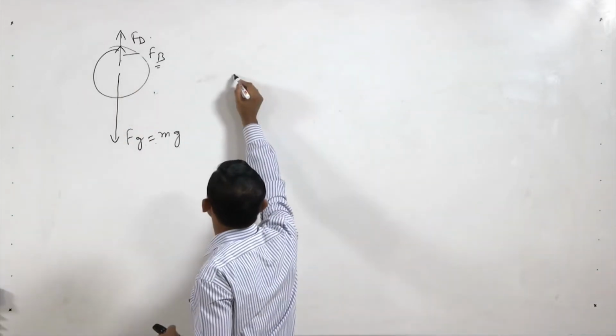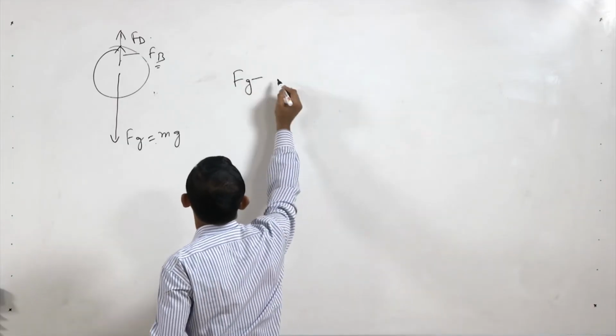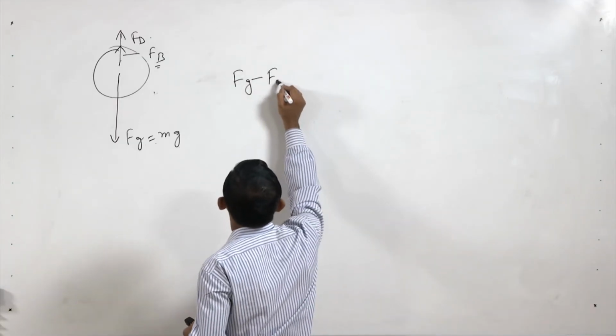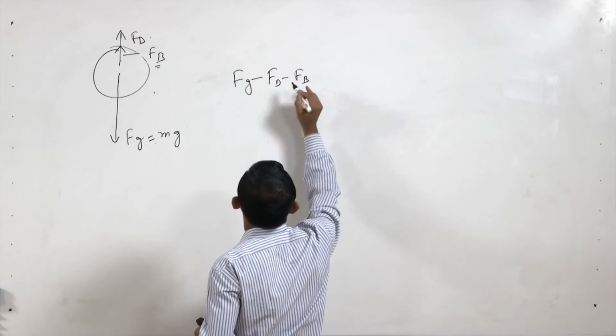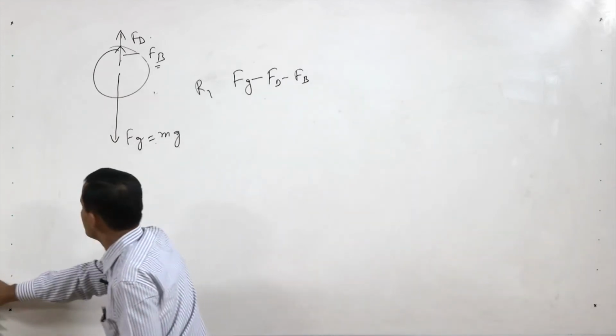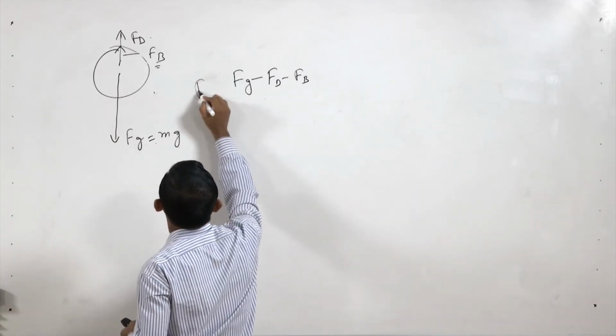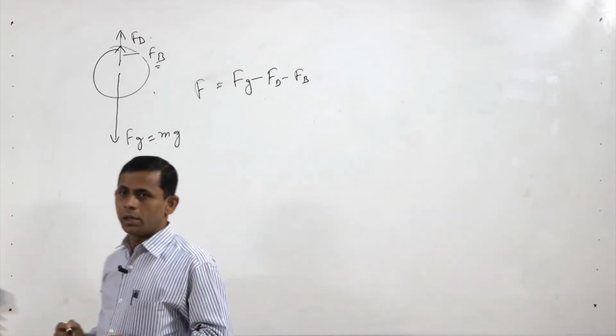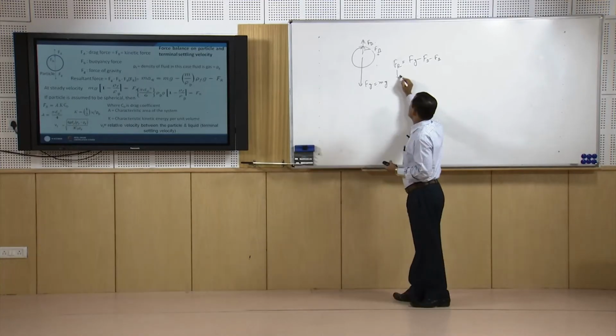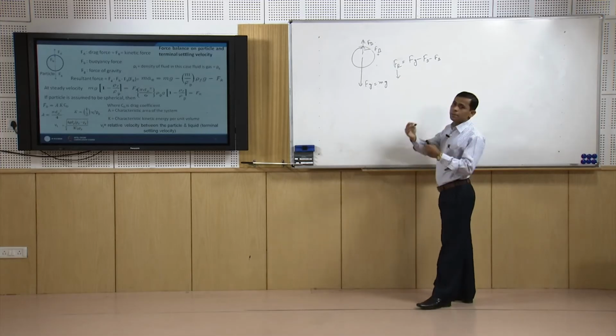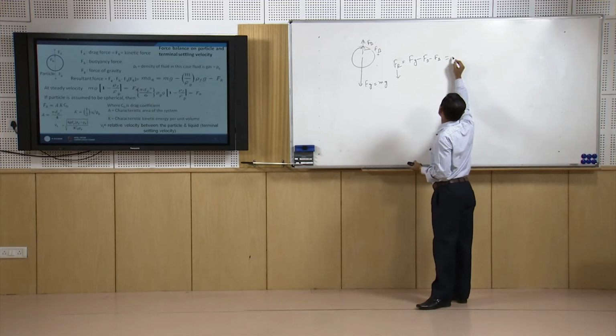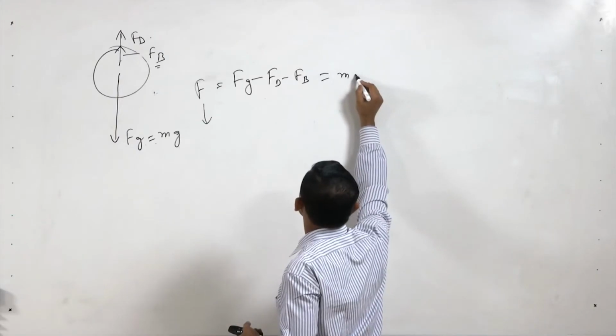The resultant force is Fg minus Fd minus Fb. If F has some value, it will give some acceleration to the particles, that is m into a.